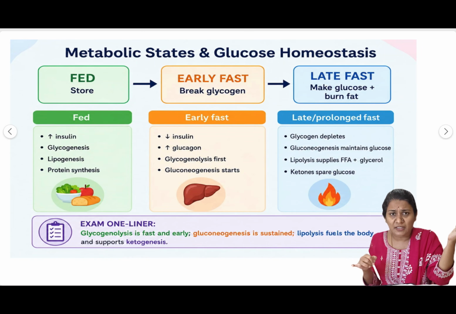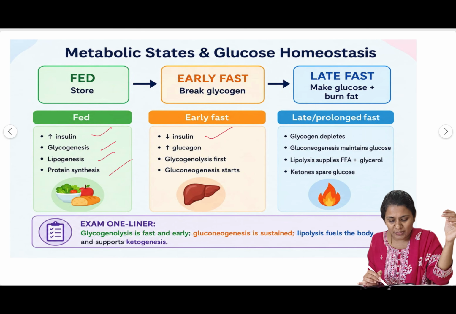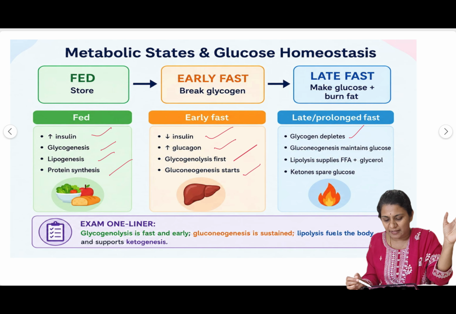So this is all the similar thing which I have depicted in a picture. Fed state: there is an increase in insulin, there is glycogenesis, lipogenesis and protein synthesis. Early fasting phase: decrease in insulin, increase in glucagon, glycogenolysis takes place and gluconeogenesis will start. Late and prolonged fasting: glycogen depletion is there.